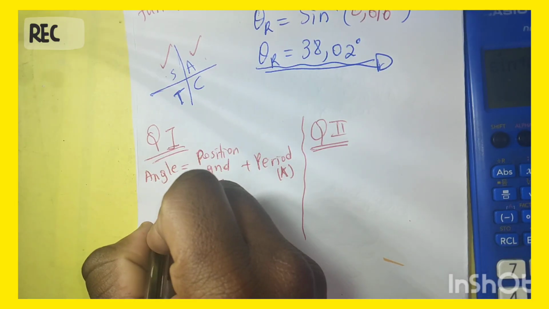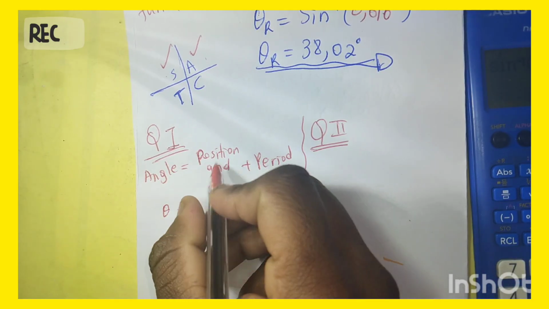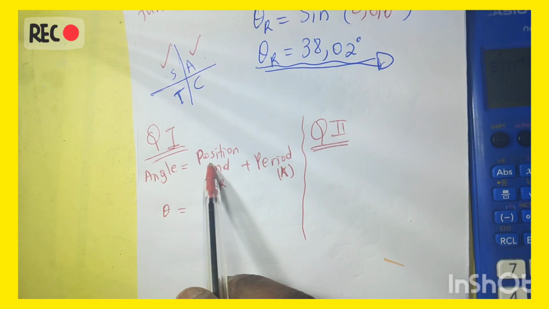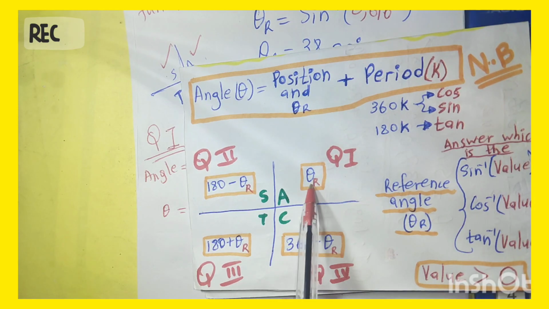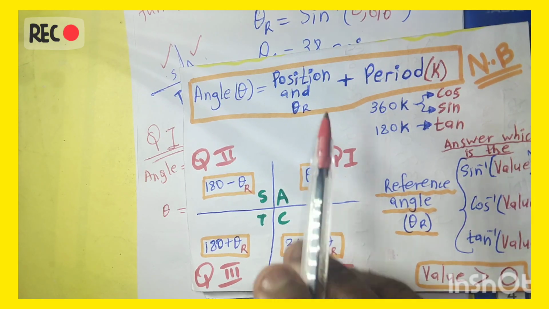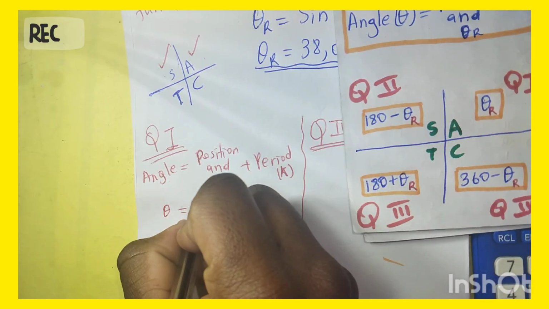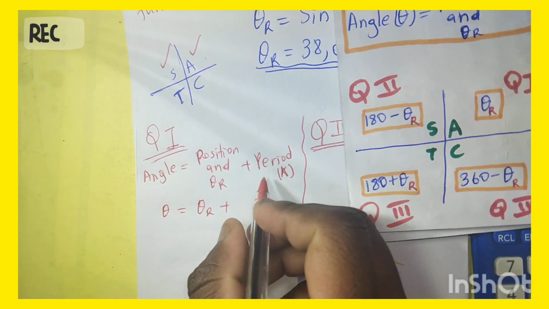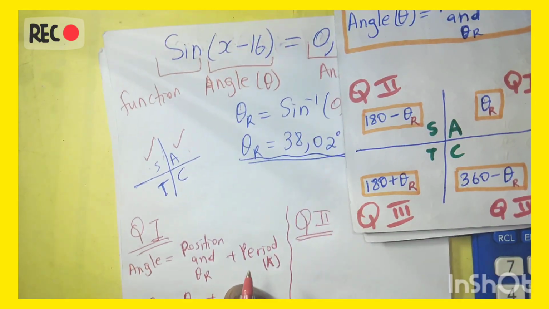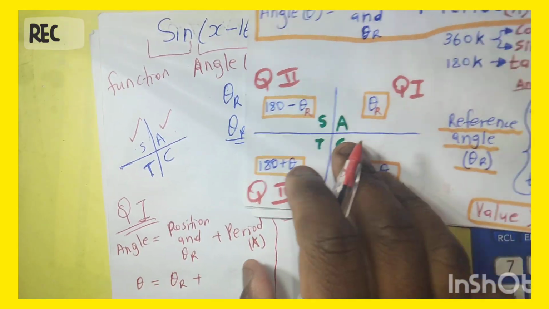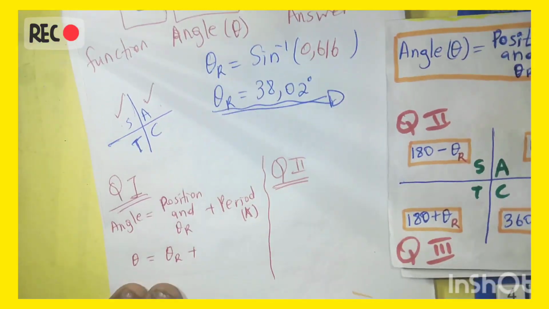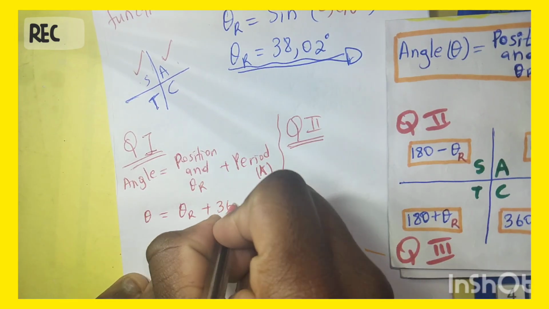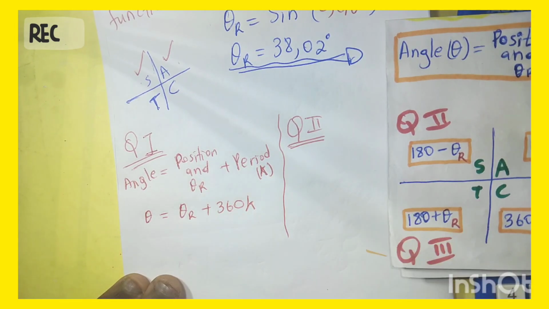The symbol for angle is this one. But again, if you take a look at the position and the reference angle on the first quadrant, it is this, the position and the reference angle, plus the period. Here we are dealing with sine, guys. It means that if we are dealing with sine, it must be 360. So here we'll just say 360K.